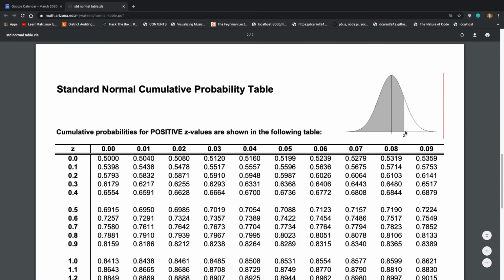It's just that now we're on the right-hand side, so the positive z-values. Again, z is simply how many standard deviations away we are from the mean. And it always tells us the probability, or the proportion, or the percentage if you convert it, to the left. And then you may have to do an extra calculation if you're looking for the right.